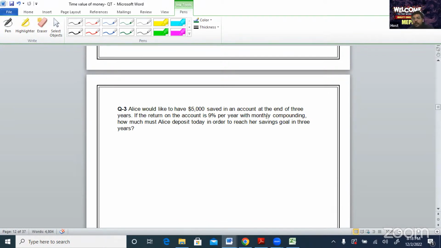So as I said, try to draw the timeline first and try to locate the cash flow and what we want. So where we are and what we want, try to search for it.